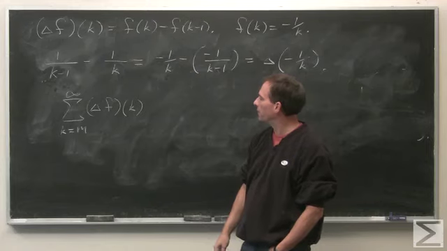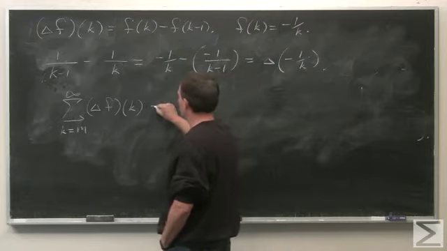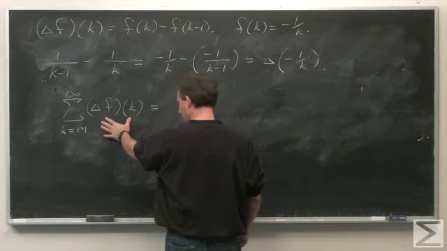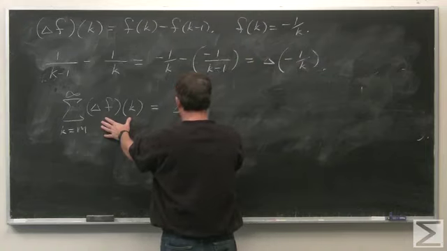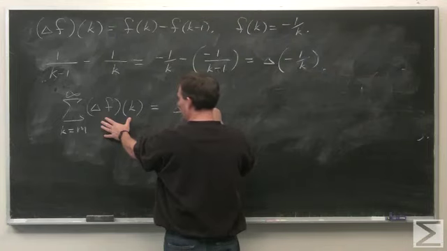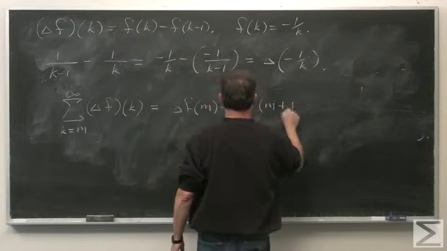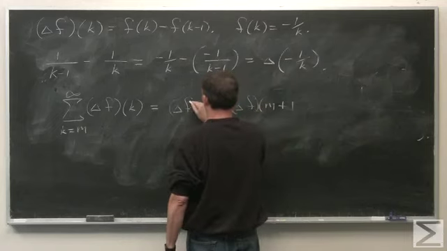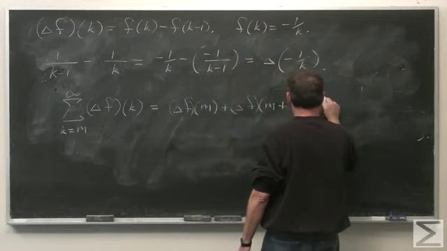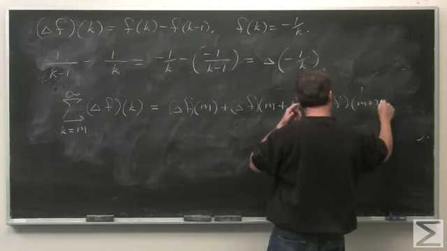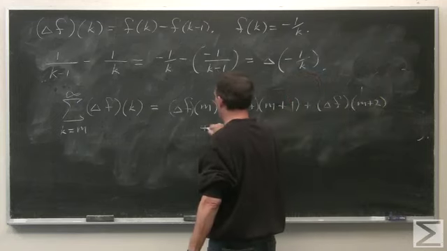So when you add, what you get is delta f at k equals m, delta f at m plus 1, delta f at m plus 2, and this keeps going.